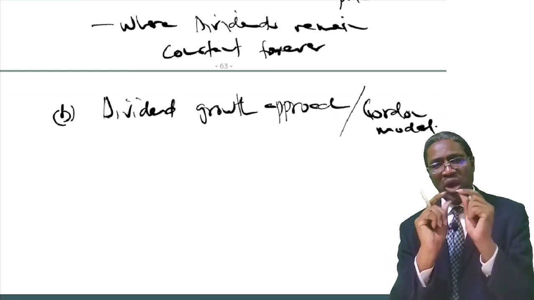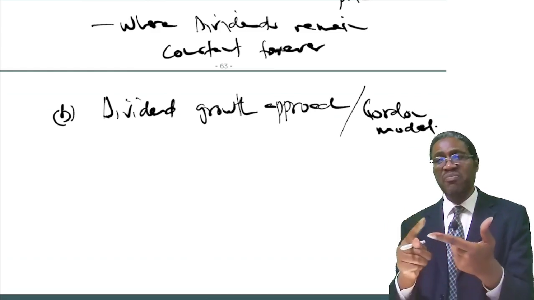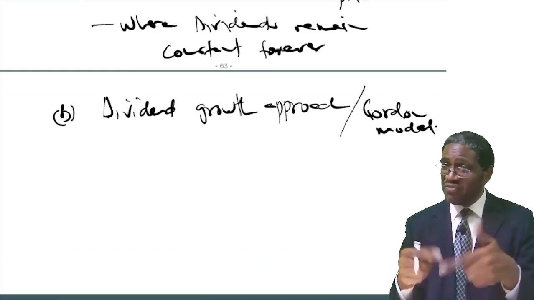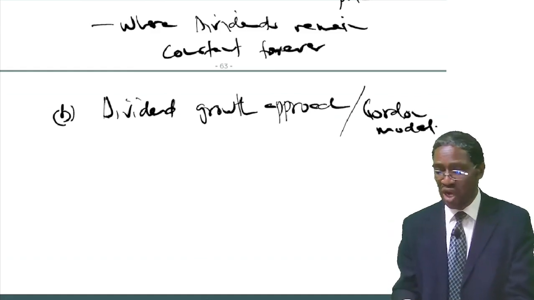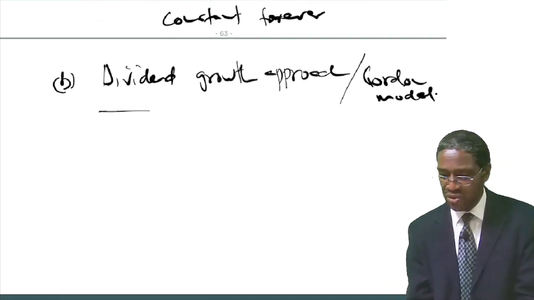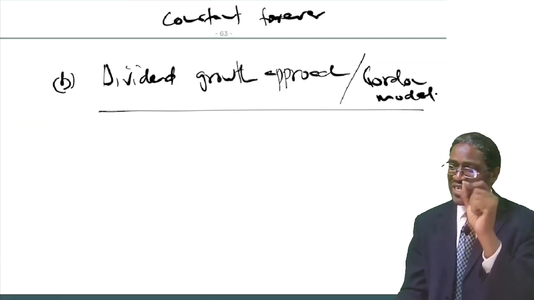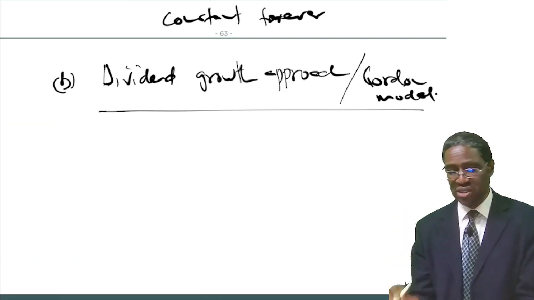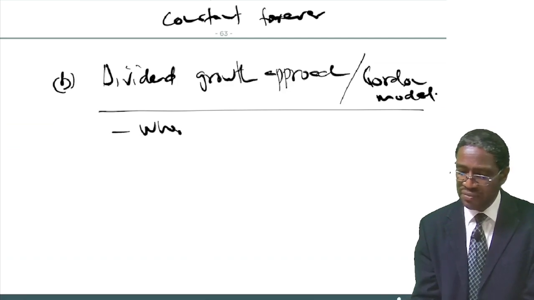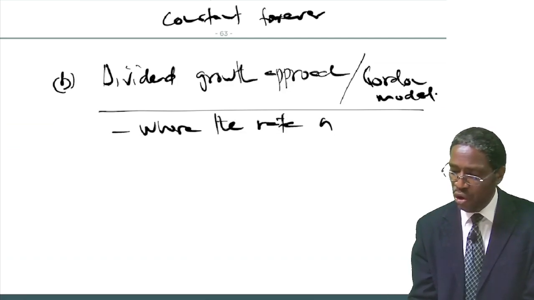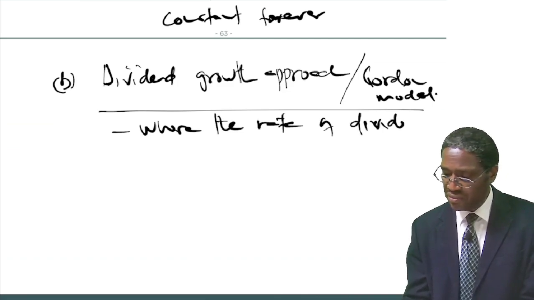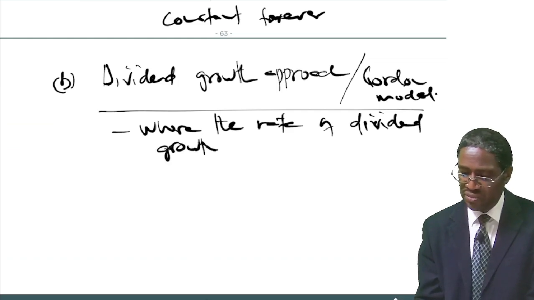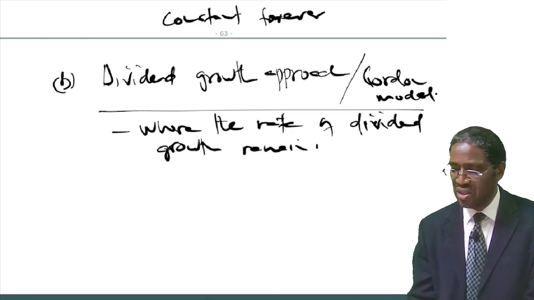I've said that where there is growth in dividend, maybe every year your dividend grows by 5%, how do you compute the cost of capital? We normally use this formula where there is growth in dividend, and where the rate of dividend growth remains constant.